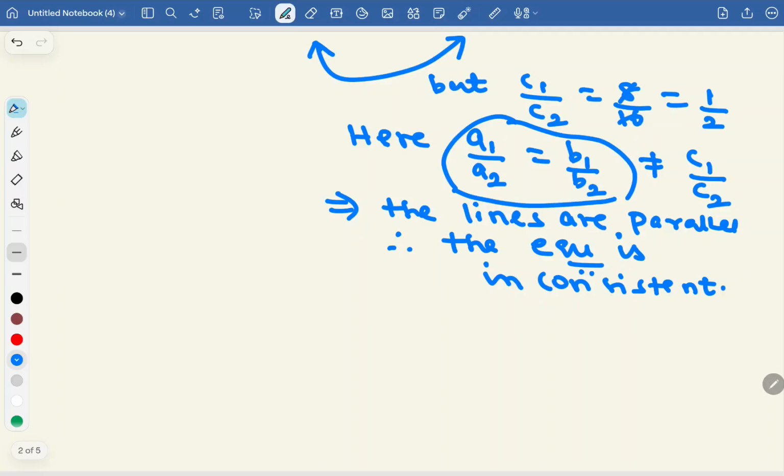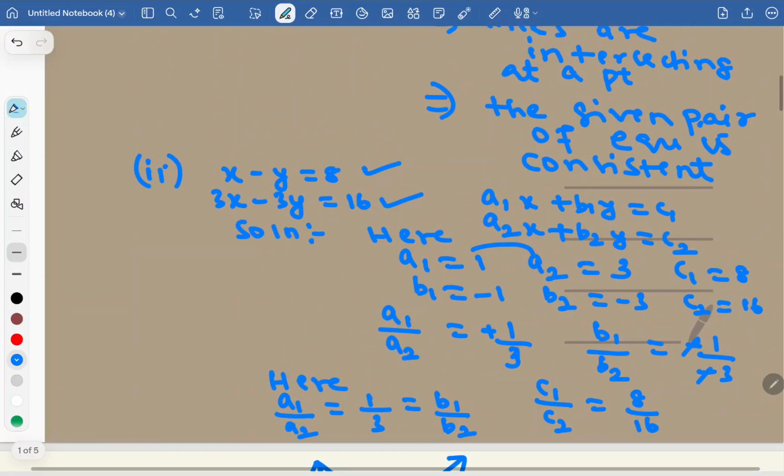Now I am going to discuss the third subdivision. What is the third one?